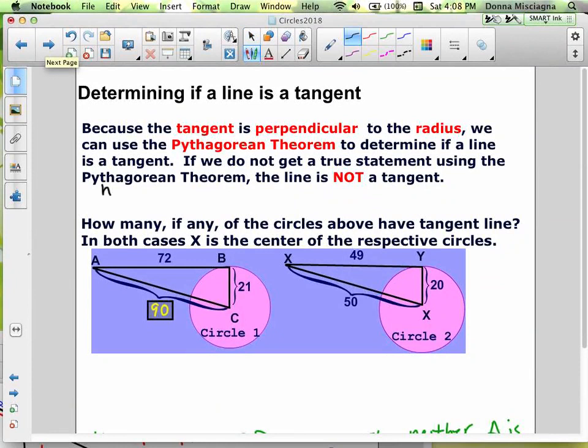So if the hypotenuse squared, which is in this case the longest side, equals the radius squared plus the tangent squared, then we have a right triangle.